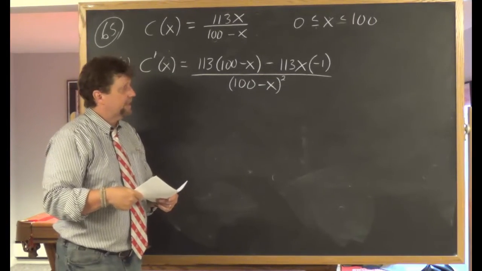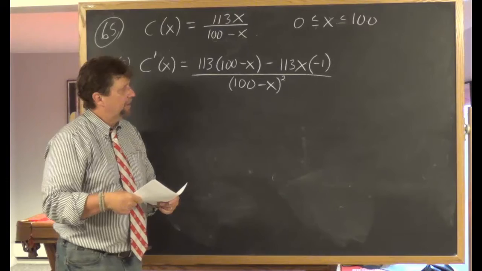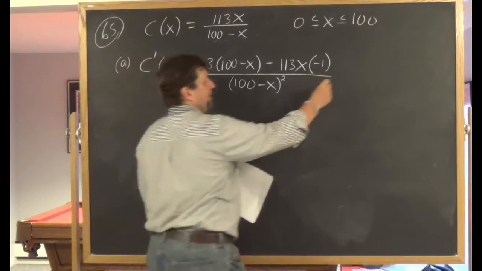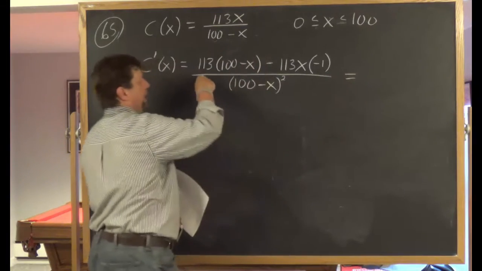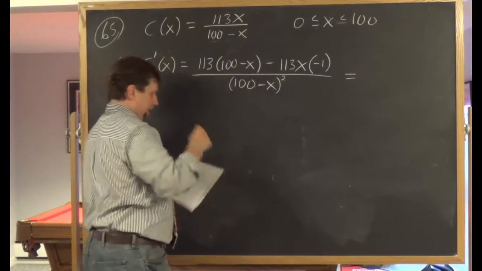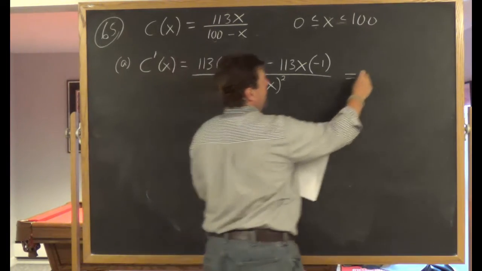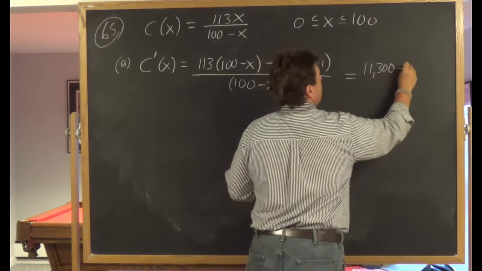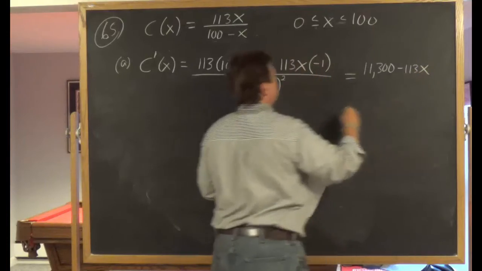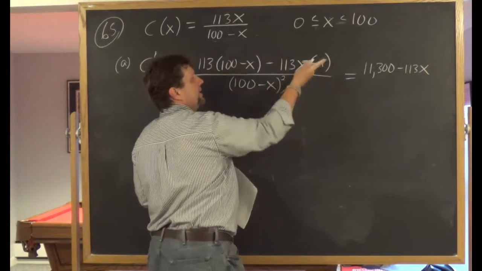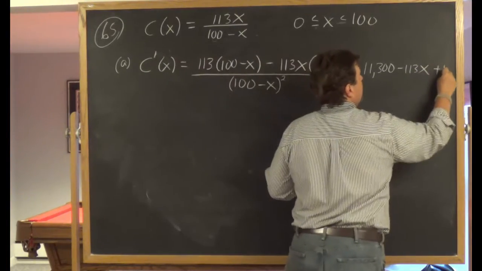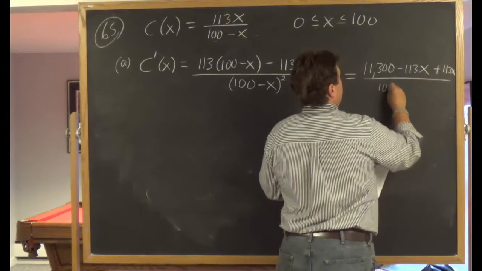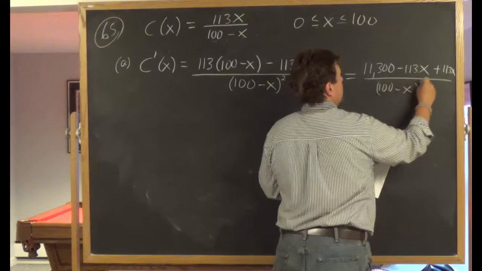Debating on whether or not I want to simplify this. It looks like it'd be pretty friendly to simplify. Let's go ahead and simplify this derivative. I mean, look in the numerator, you're just going to distribute the 113. And that gives you 11,300 minus 113x. And then a negative 113x times negative 1, that's plus 113x, all over the denominator squared.